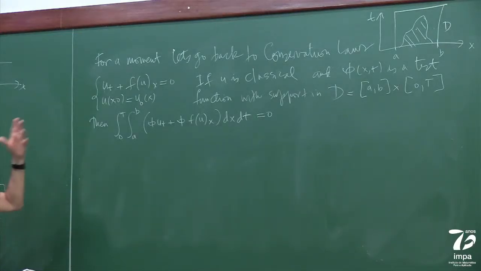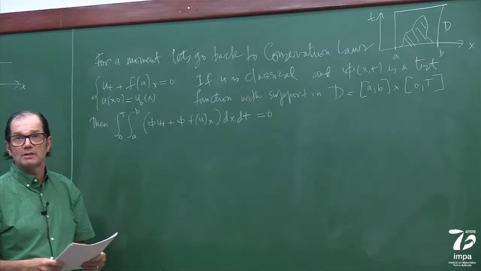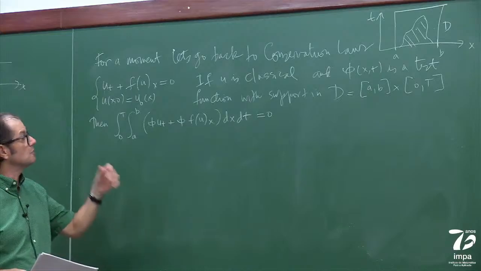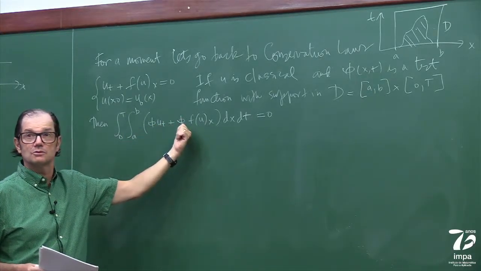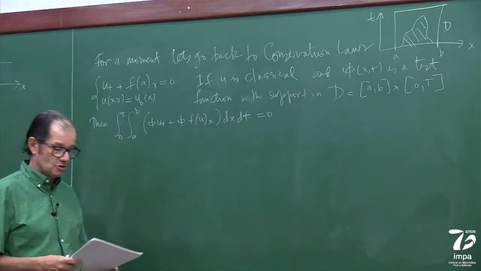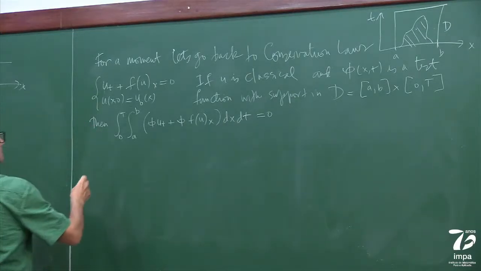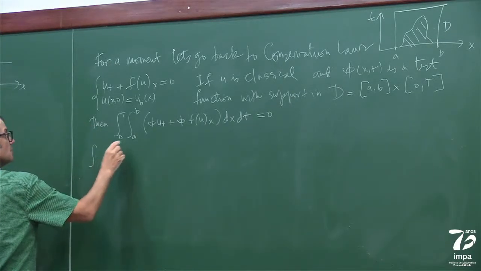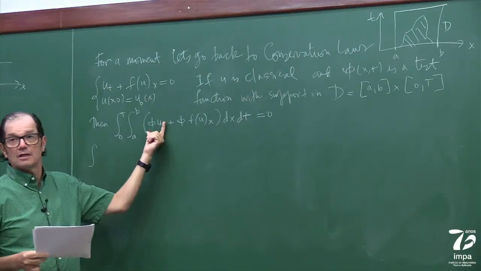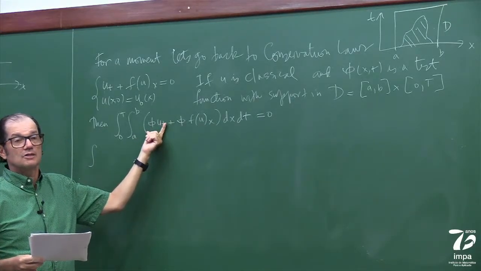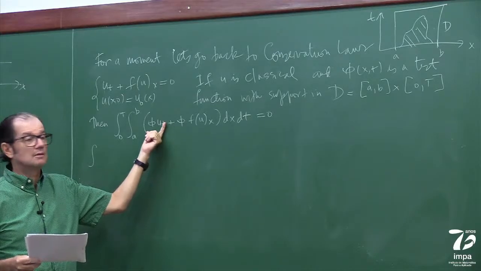But this, if it's classical, is just trivial, but now we know from the weak formulation that the idea is to throw the derivatives onto our test function, right? Integration by parts. So we can write then this. I'm going to write for this guy and this guy, it's convenient to write the derivative of the product, right?